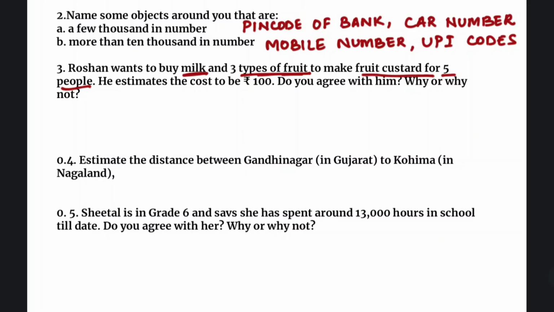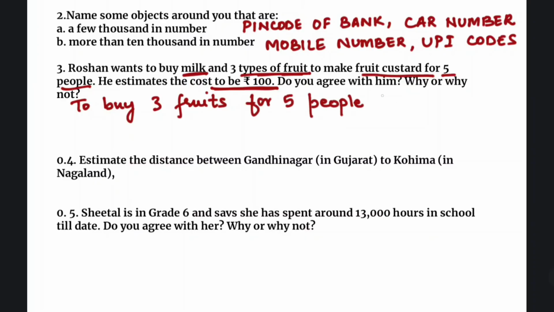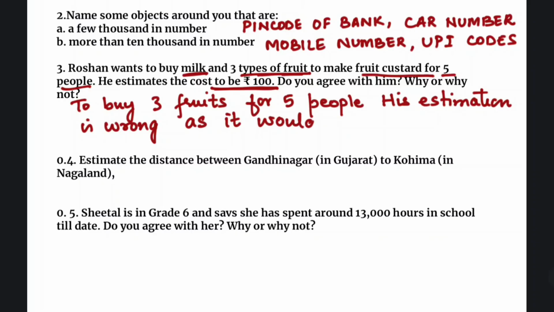To buy 3 fruits for 5 people, his estimation is wrong, as it would cost more than 300.